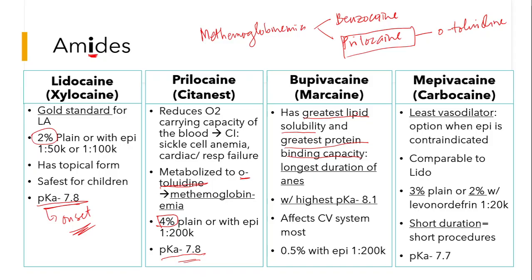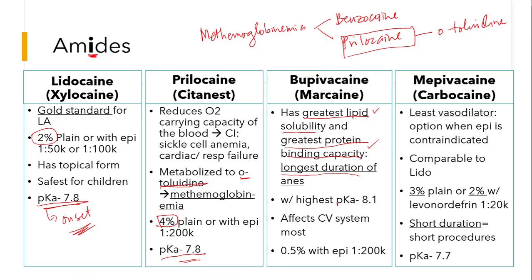We said earlier, if something has very good lipid solubility and very good protein binding capacity, then you would end up with what? The longest duration of anesthetic. So if you're working on long procedures, then you can count on bupivacaine to take effect for longer periods of time compared to lido, prilo, and mepivacaine.